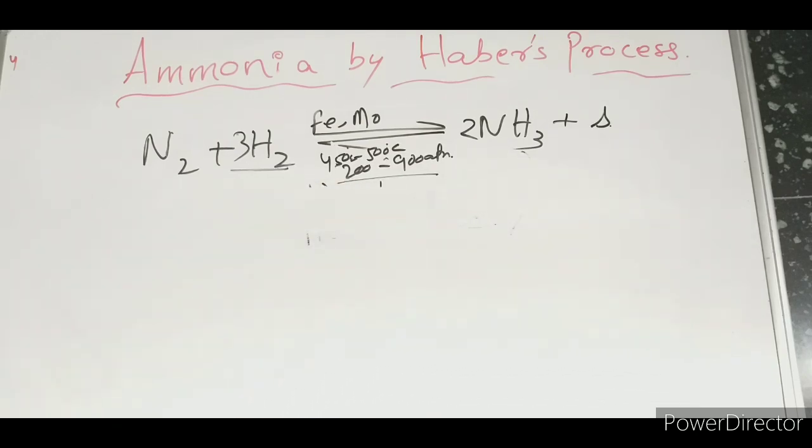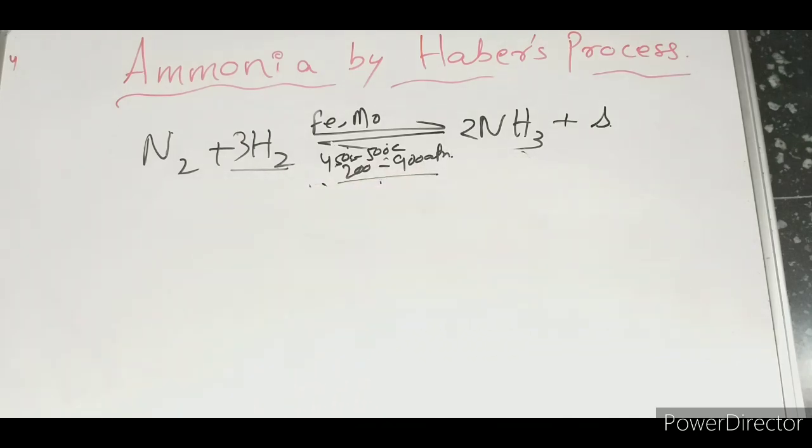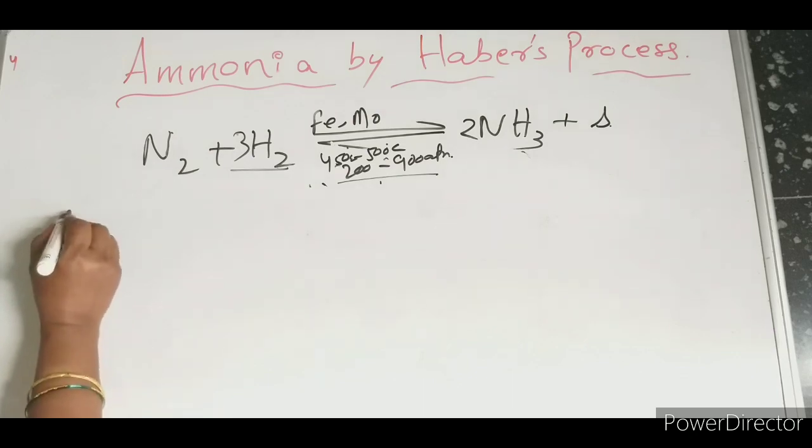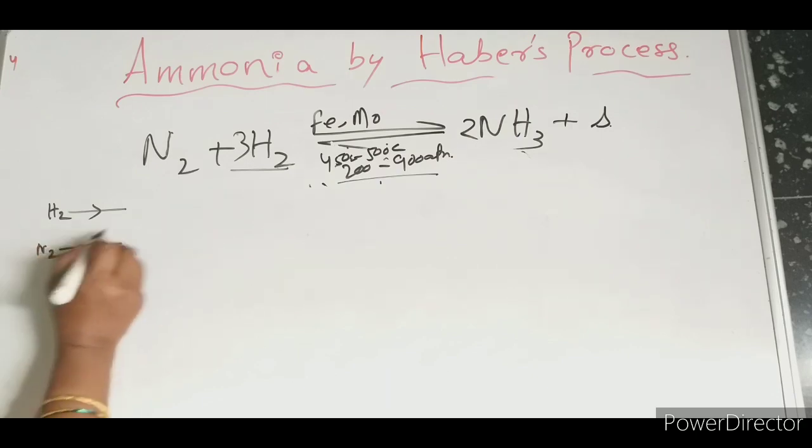Then the catalyst we have taken is finely divided iron, and molybdenum is the promoter. So let us go again for this. This is the clear picture in front of us. Now let us see this flow chart again. This one will be hydrogen, this one will be nitrogen.